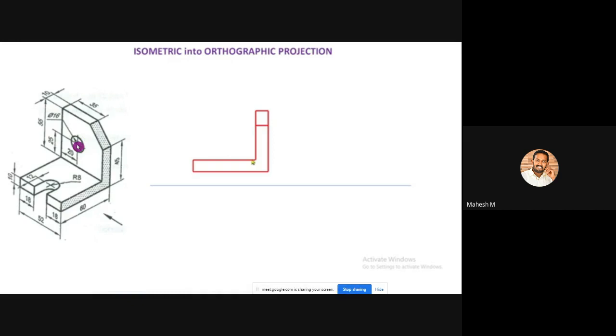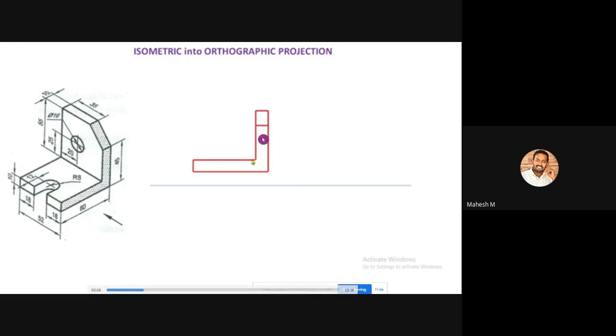So the center is 25 mm from the top surface. From this point, you can mark 25 mm and you can create a center line, because that is the center line, that is the axis line height.